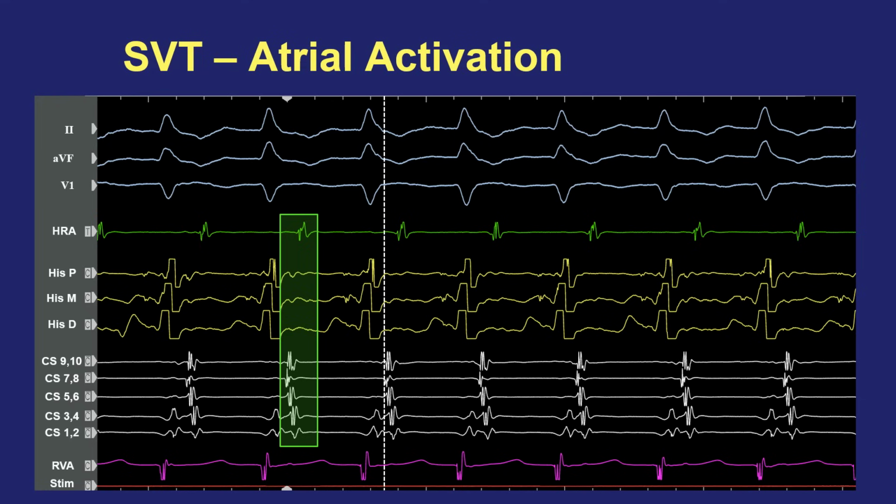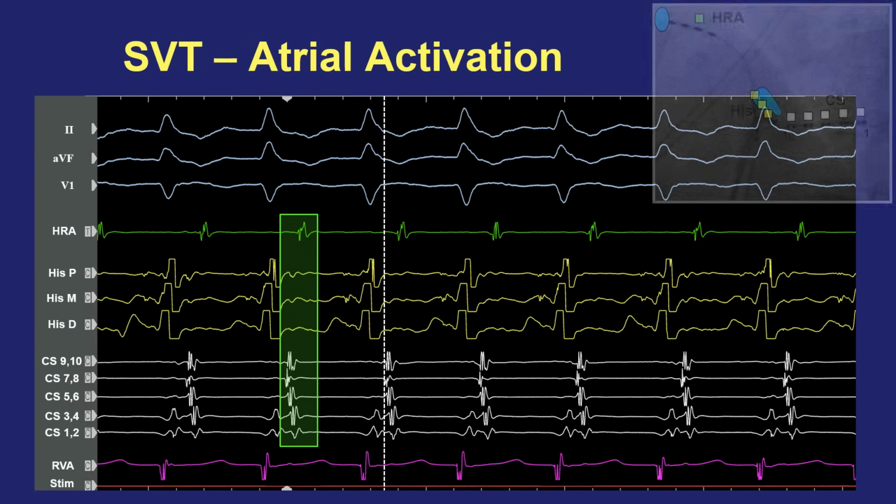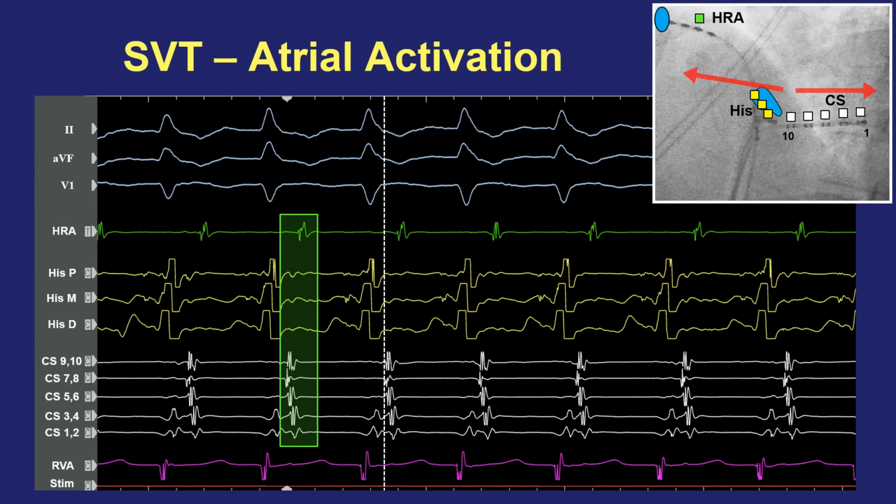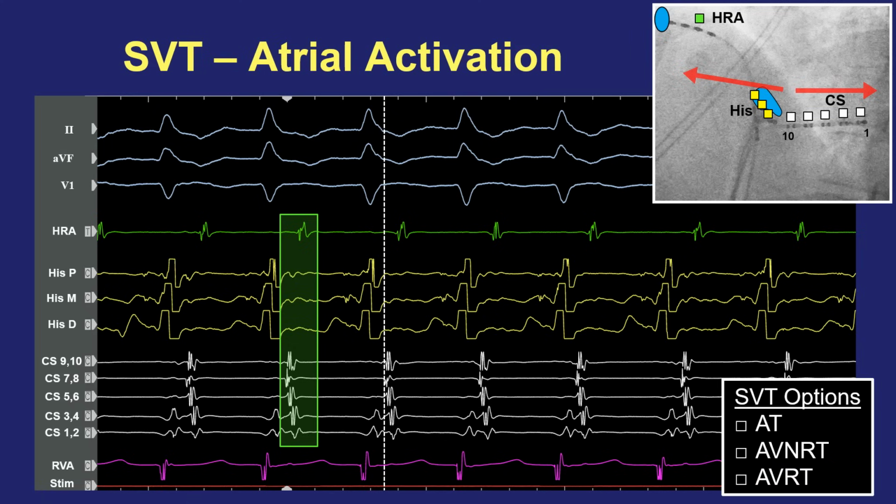Here it's somewhere near the septum in 7-8 or 9-10. So let's think about that activation sequence and whether that has any implications for crossing off the list any of the 3 mechanisms. Could this atrial activation be consistent with atrial tachycardia? Yes, it could. Atrial tachycardia can come from anywhere, including the septum.